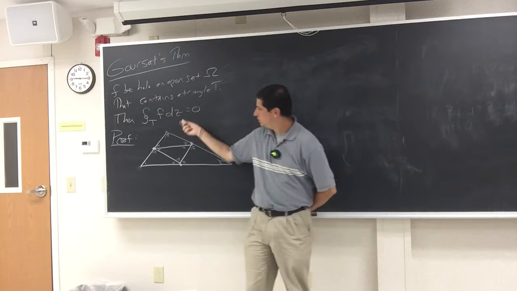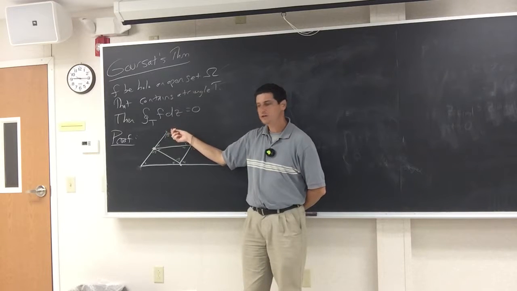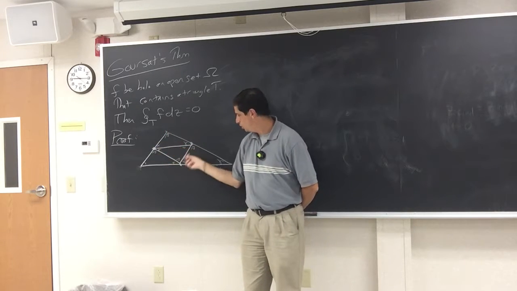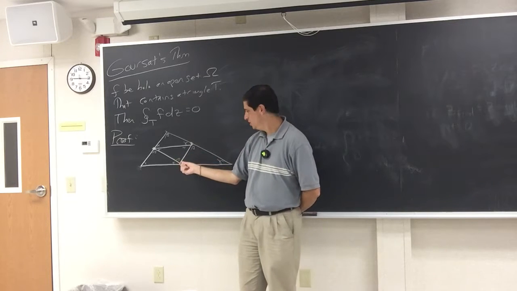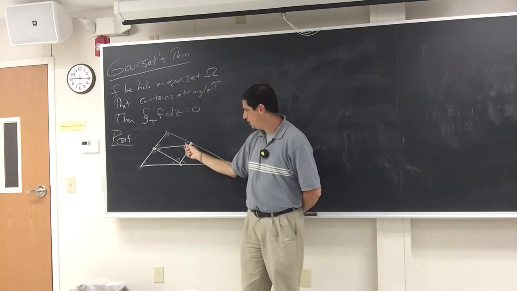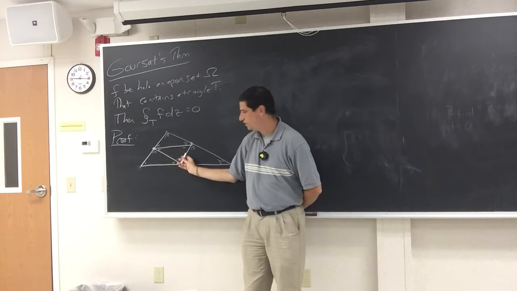If I do the integral of f along this triangle, how does that compare to the integral of f along all of these subtriangles? They're equal. Why are they equal? Because it's going to cancel. Excellent. So when I go through this one, I travel on this triangle, this side going down, but on this one I travel that side going up.